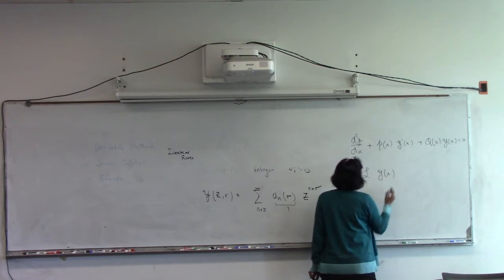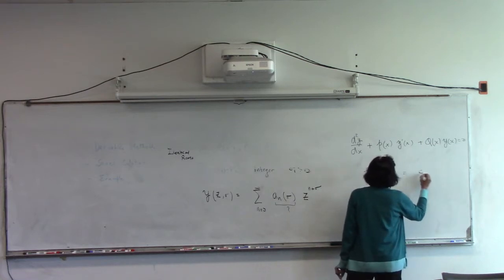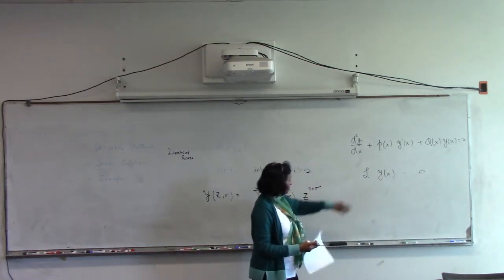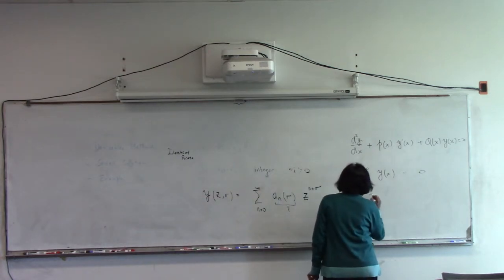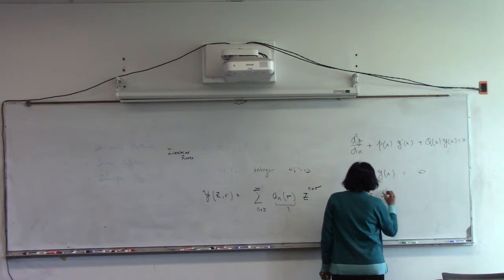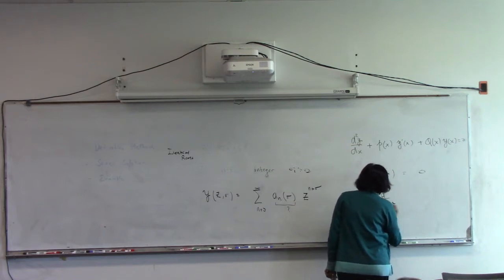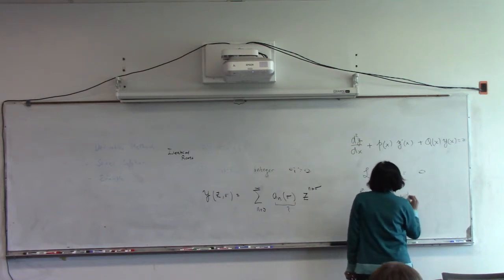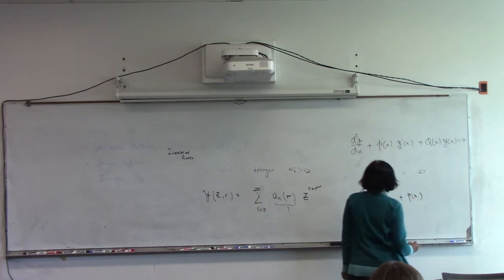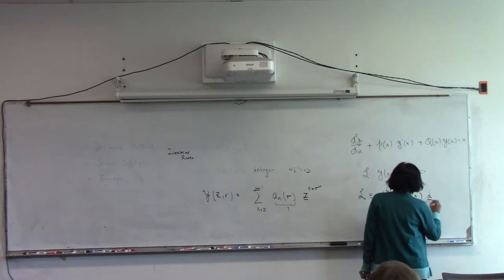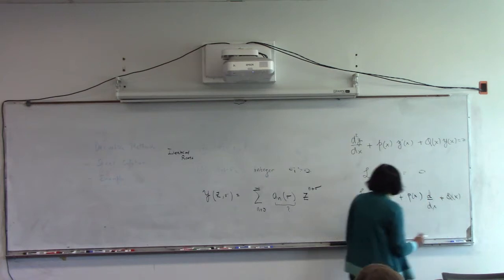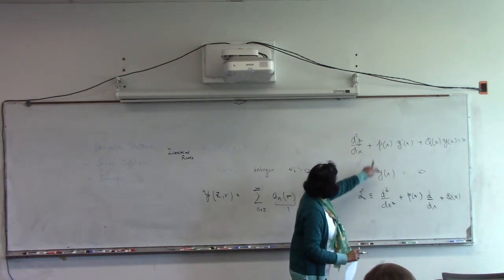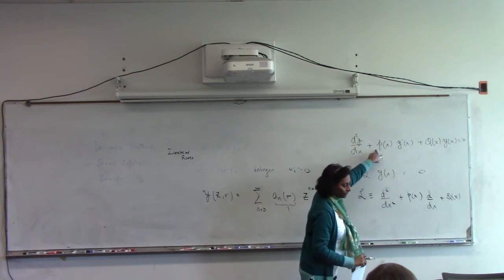I think I introduced this notation previously, where L is nothing but your differential operator. L is nothing but this operator. It's a linear operator. L operating on y is nothing but your differential equation, right?